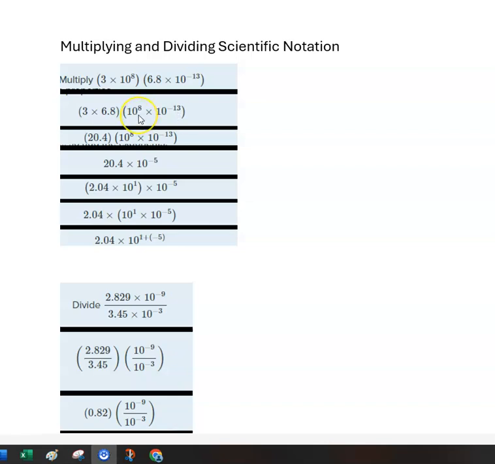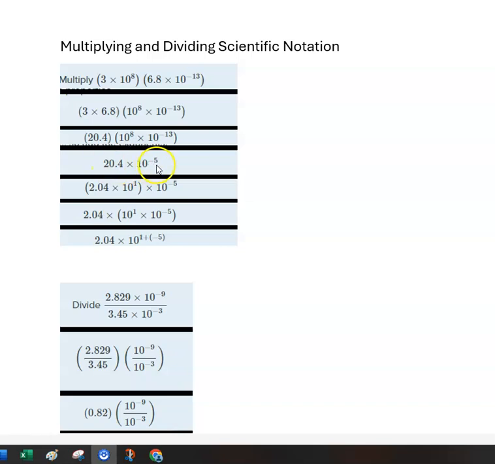Now the rule for exponents when they have the same base is you add the exponents. So what that means is I would have negative 13 plus 8, which is negative 5. You could plug that into a calculator and you'll get the negative 5.